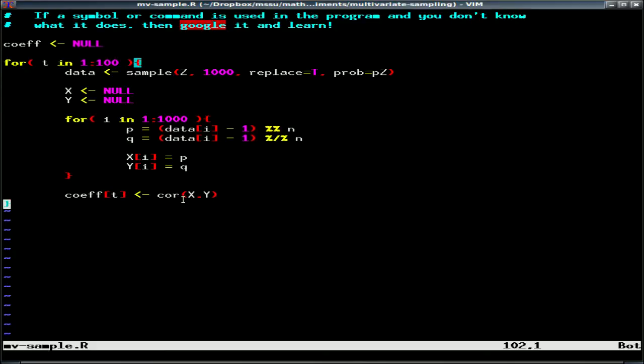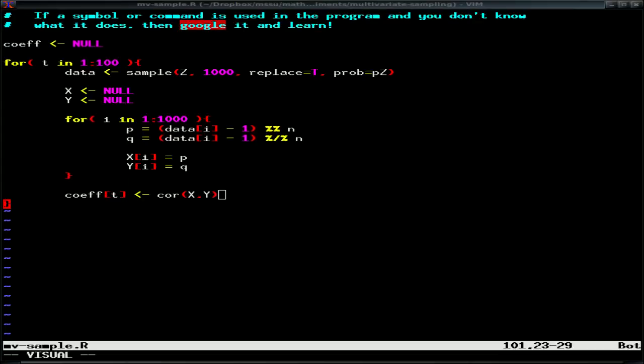Okay, so this is running an experiment, and we're going to run this experiment 100 times. So t is going from 1 up to 100, and we'll see what kind of correlations we get. Hopefully, if we've run this properly, we should see a connection between the correlations that we're finding and the correlations of the multivariate distribution that we calculated above.